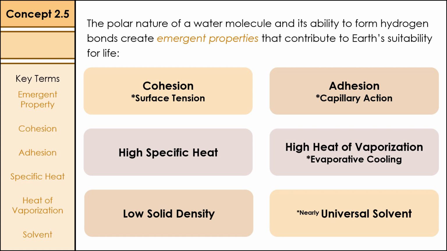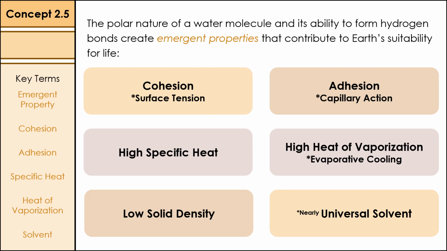These properties play a bunch of different roles in allowing life to exist on Earth. Very important. So we are going to highlight a couple of these. Cohesion, which also kind of brings us to the idea of surface tension, not to be confused with adhesion. And we will break down the difference in those scientific roots, which allows capillary action, also very important.